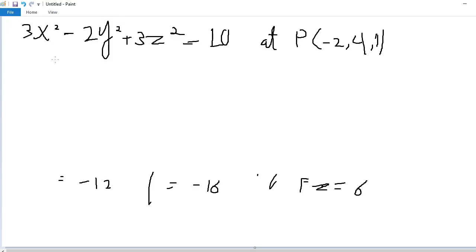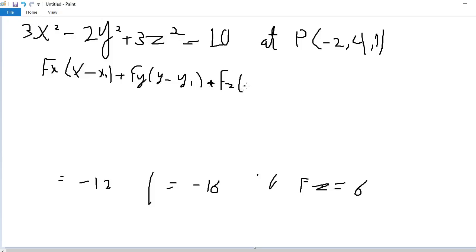So first, we write the equation of the tangent plane: fx times (x minus x1), plus fy times (y minus y1), plus fz times (z minus z1), and it's going to be equal to 0, and that's it.